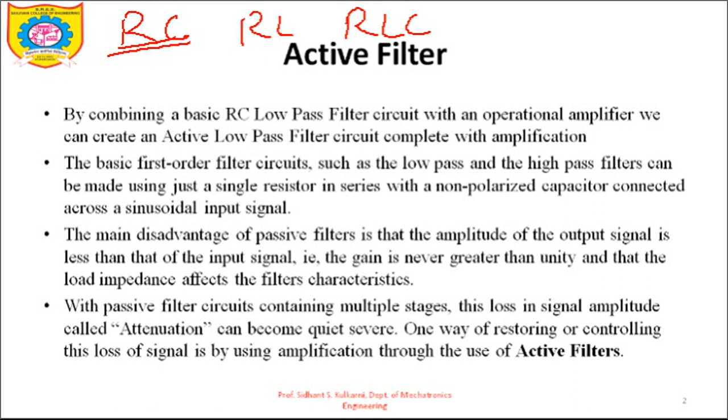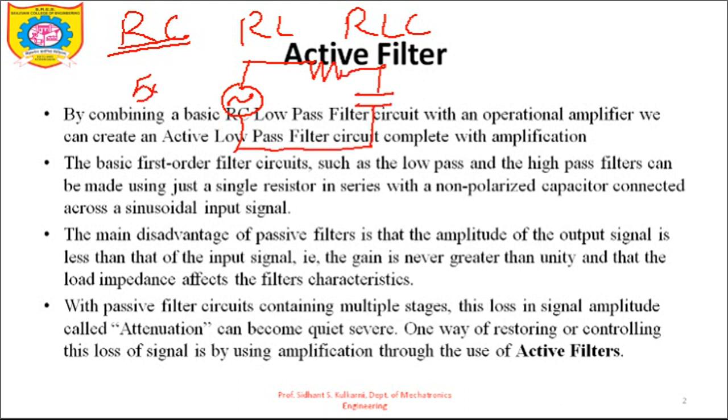The basic first order filter circuits such as low pass and high pass filters can be made using just a single resistor in series with a non-polarized capacitor connected across the sinusoidal signal. What I mean to say, let's say I have connected one sinusoidal signal of a particular frequency, and I use this RC filter in series. Now try and understand.